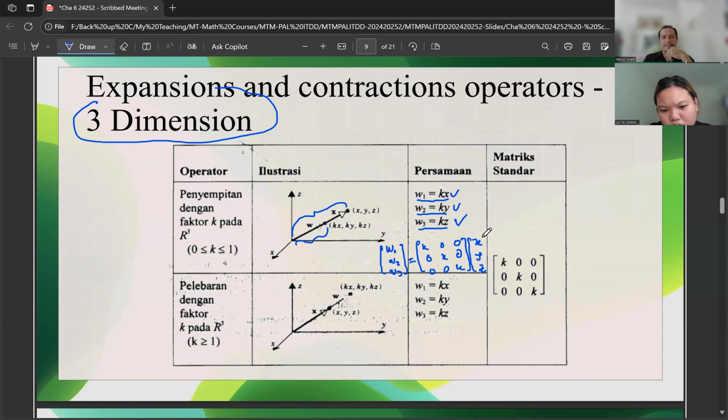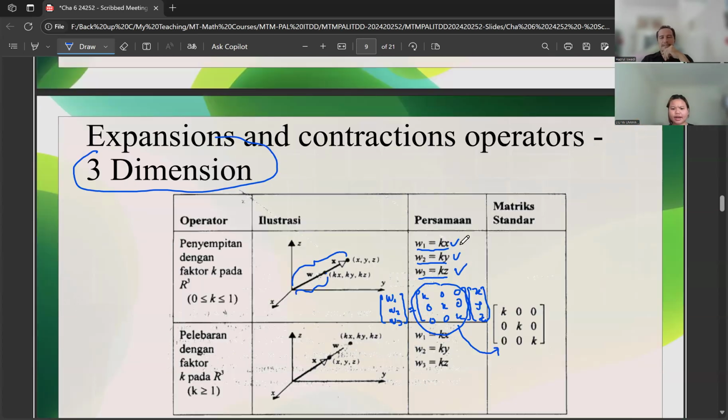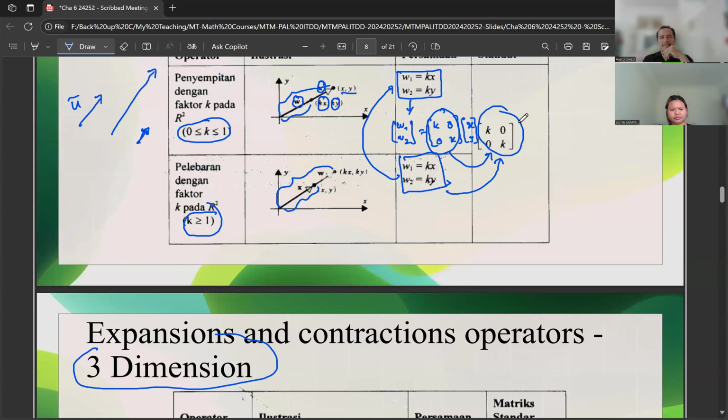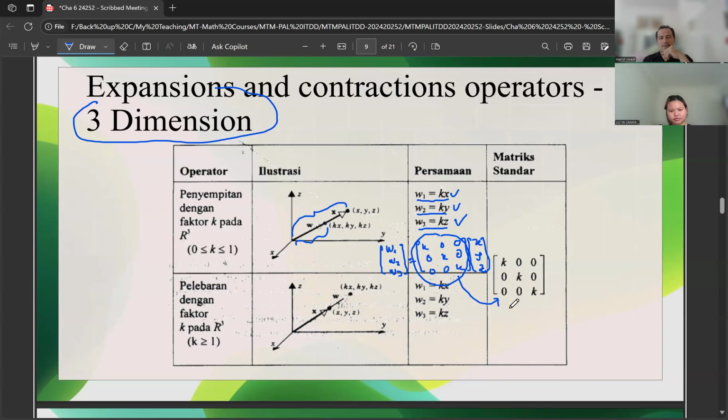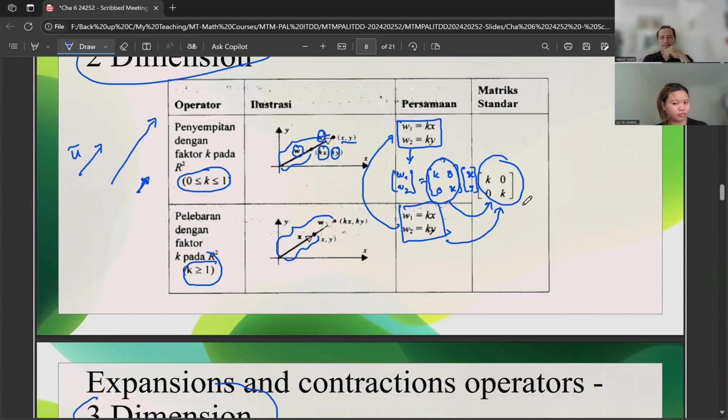Okay, and then we have the matrix standard like this. You can see that this matrix standard is the same as the matrix standard in two dimensions, but the difference is we now have a 3 times 3 matrix, while for two dimensions it is only 2 times 2.